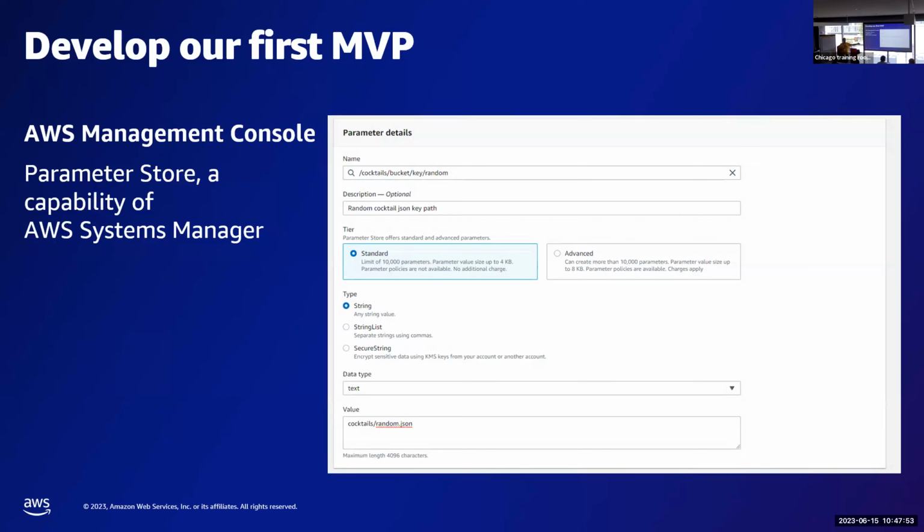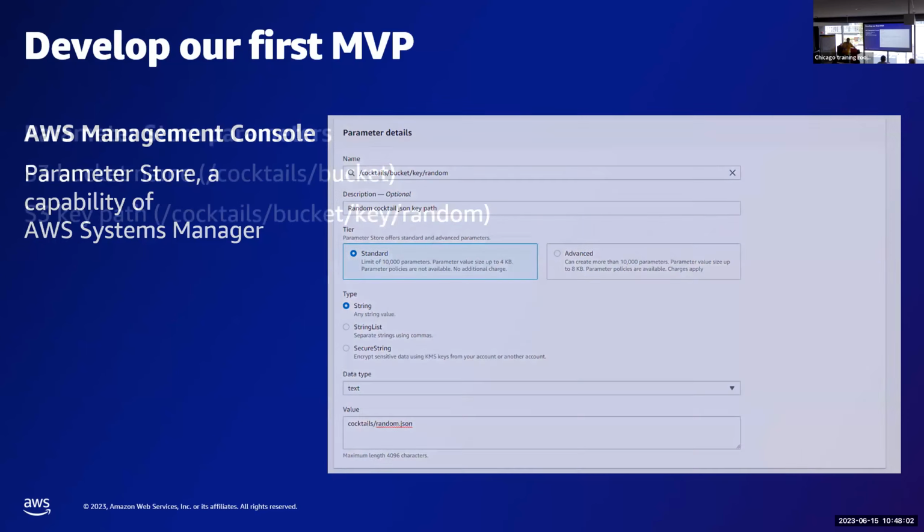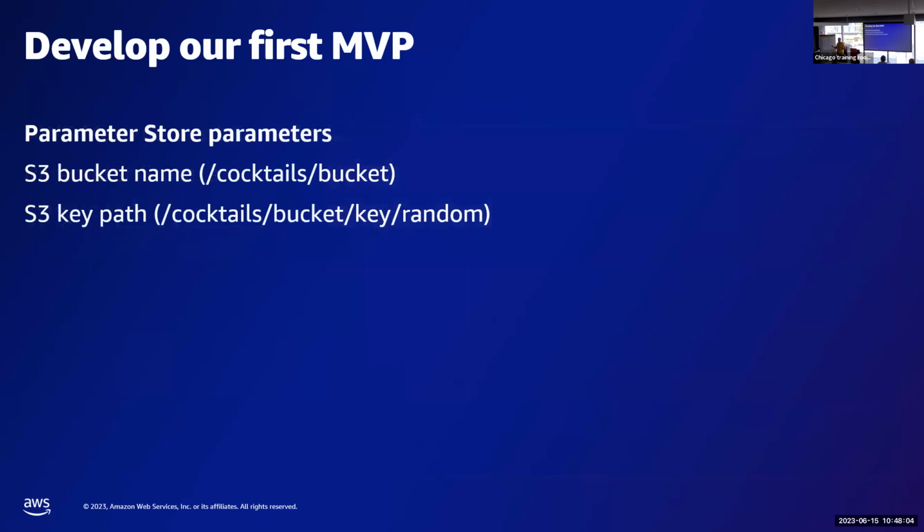And then the variable. So in this example, I'm putting where I'm going to actually save this cocktail JSON file in my S3 bucket. In this situation, we're only going to have 2 parameters, but later on, if the API you're calling needs a username, password, or other credentials, you can also add these variables to parameter store.